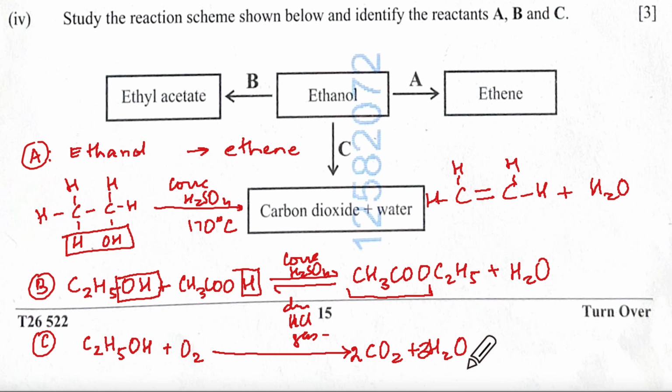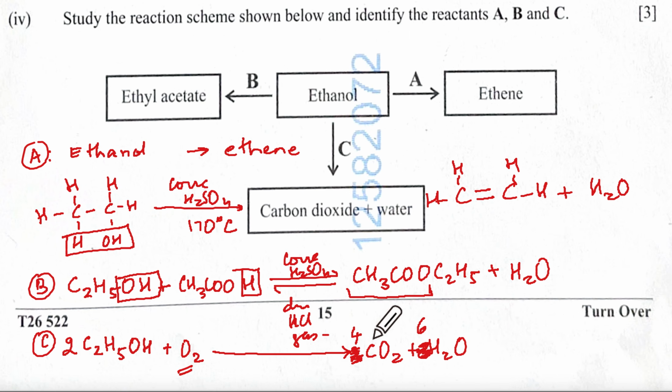So I'll have to write 3, but now there are 6 hydrogens. So 6 hydrogens is correct. C is 2. Now how many oxygens do I see here? 4 and 3, 7. How many are here? 3 H2O. This will have to be an even number. So I cannot write that here. I'll have to write 6 here. So 12, which means I'll have to write 2 here. And this will be 4 here.